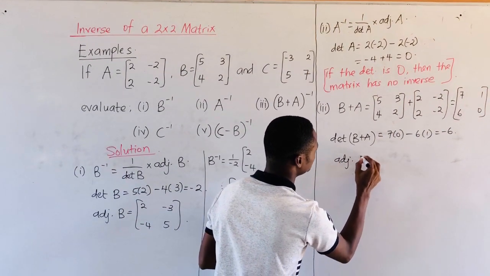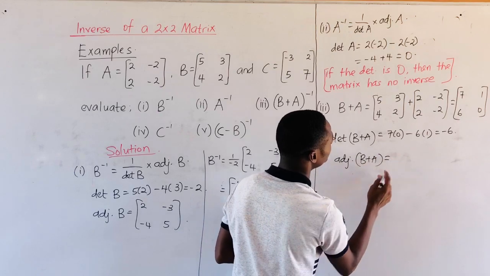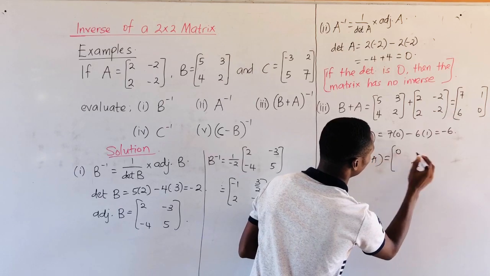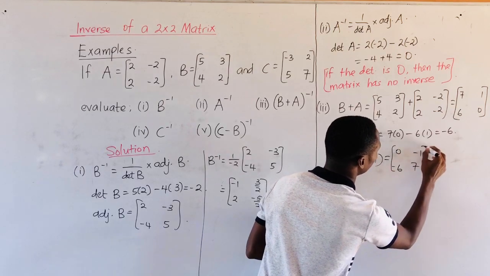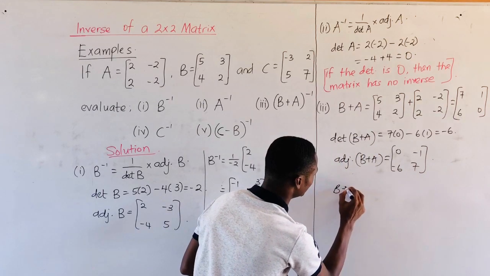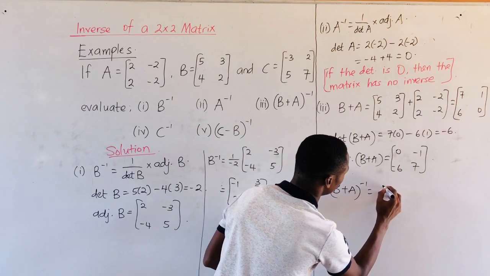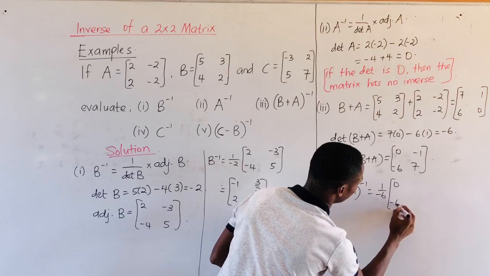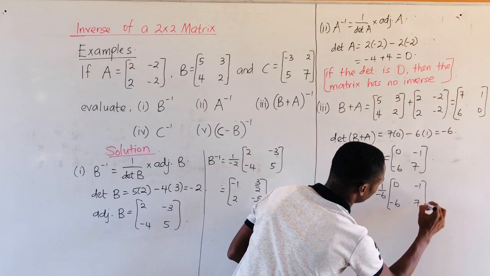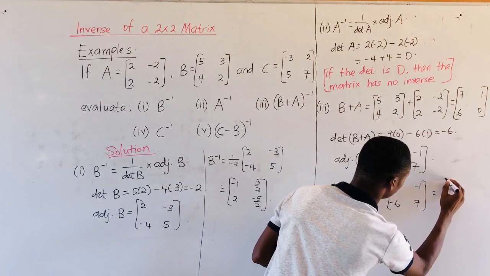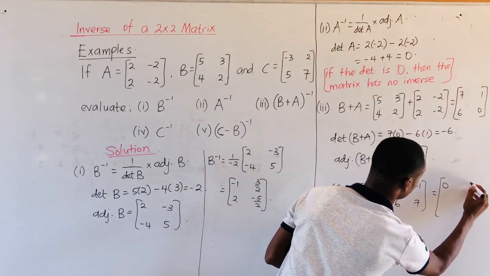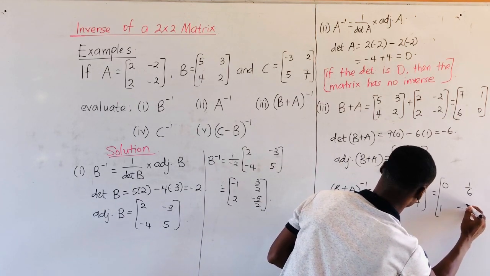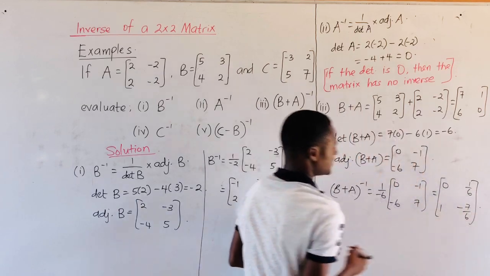Then for the adjoint of B plus A, we interchange the elements of the leading diagonal and negate the elements of the minor diagonal, so that B plus A inverse is 1 over negative 6, the determinant, times the adjoint. That gives us 0, 1 over 6, 1, and then negative 7 over 6.